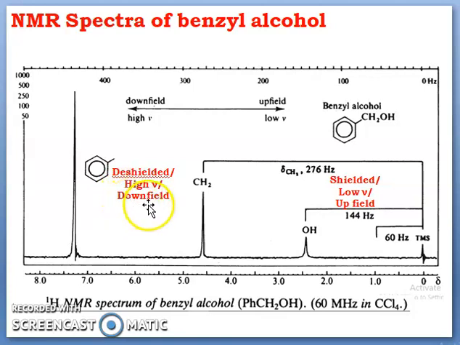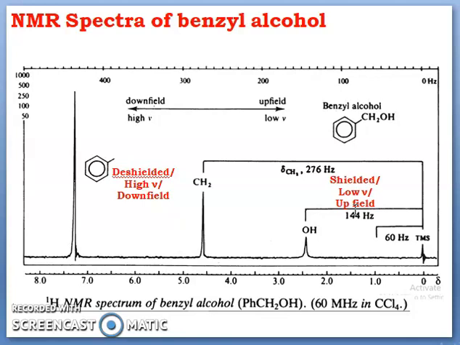Since it is far away from TMS, it is downfield, and here this hydroxy is shielded when compared to CH2, and it experiences a low magnetic field, and it gives a peak very close to TMS, hence it is upfield. In this way, one can interpret the NMR spectra.